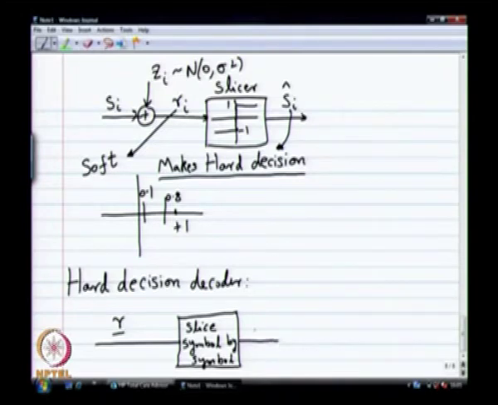So you would get something, let me call that y, the vector y. What is this vector y? Basically this is what you get after slicing Ri. So y is y1, y2, yn, where yi is -1 or +1, and yi is the sliced version of Ri.